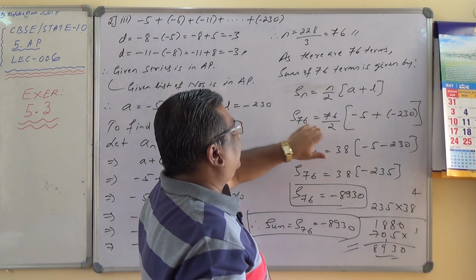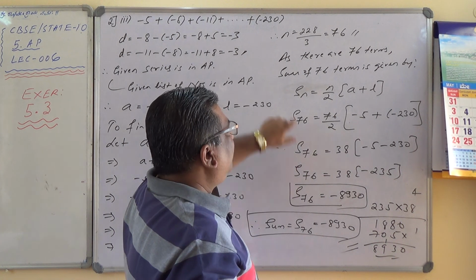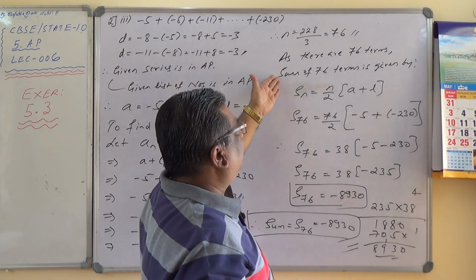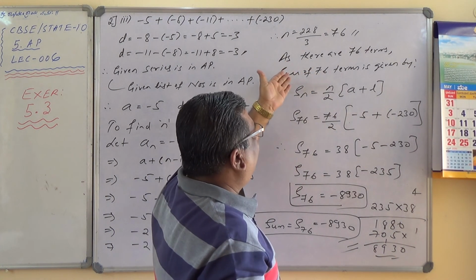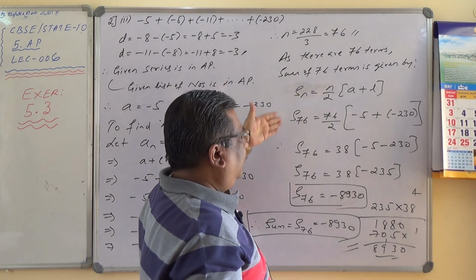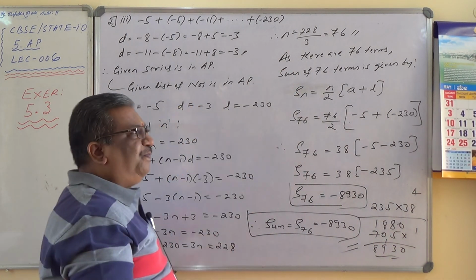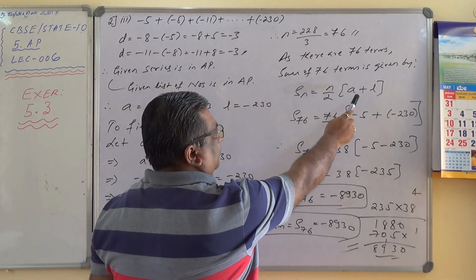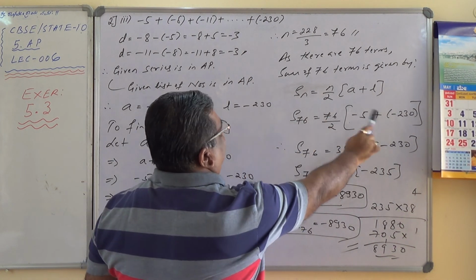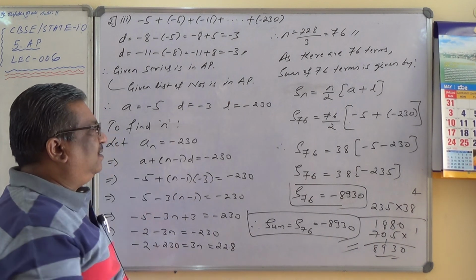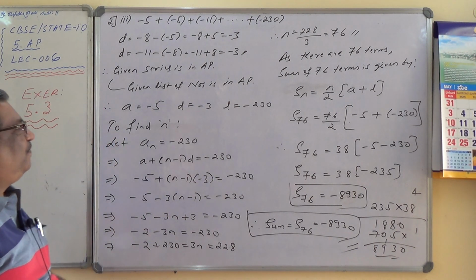You understood? Generally, this formula is to be written first. I can write something like: sum of n terms is given by so and so, and therefore sum of 76 terms. It is better to write that way. But it's okay. So note it down.